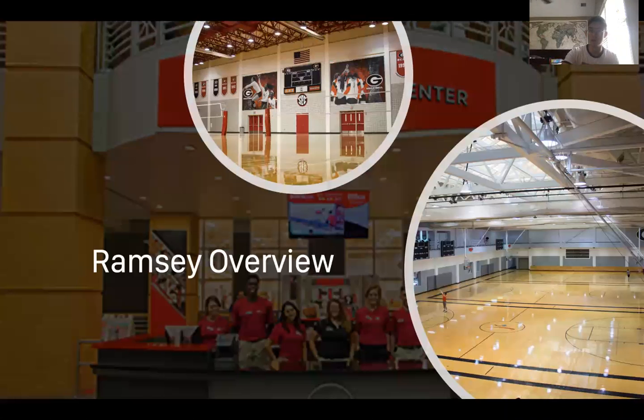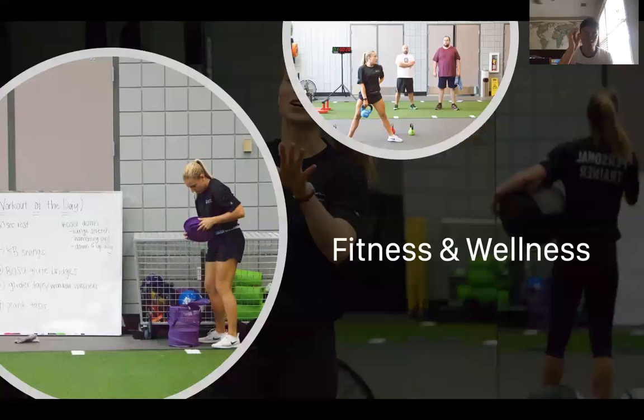Question: who is Ramsey? Ramsey is our student recreational and athletic facility located on the UGA East campus, known by students as Ramsey. Ramsey has a department called Fitness and Wellness.